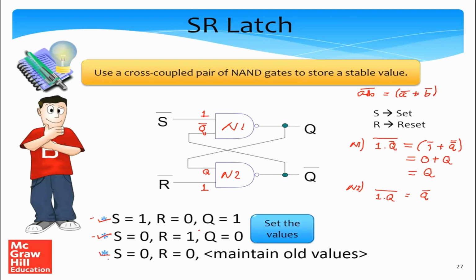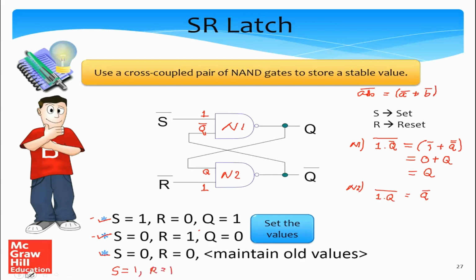And we have a way of maintaining the value, which means whatever value is there in the latch, it remains. That can be done by setting S as 0 and R as 0. So if both S and R are grounded, the latch will maintain its value essentially forever, which is exactly what we wanted to do. So naturally readers will ask what happens if we set S as 1 and R as 1.